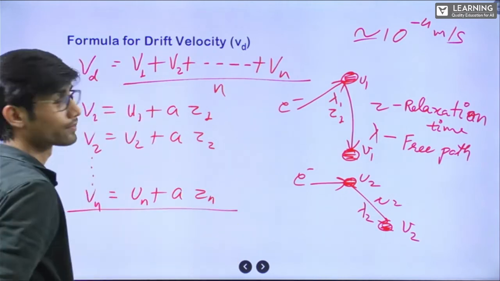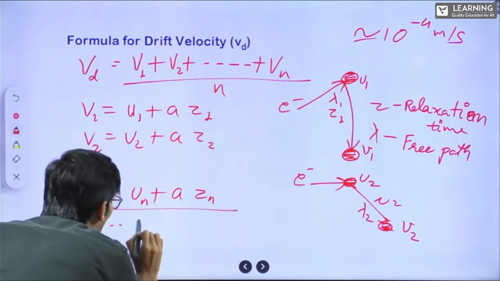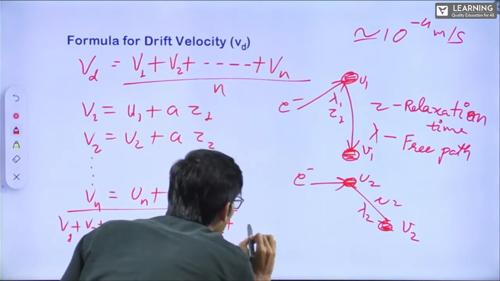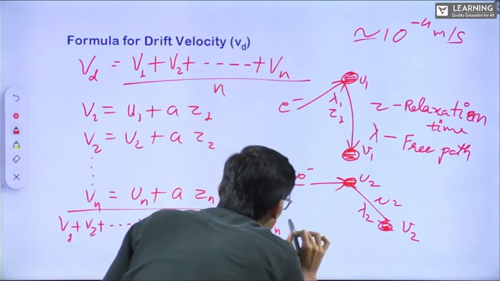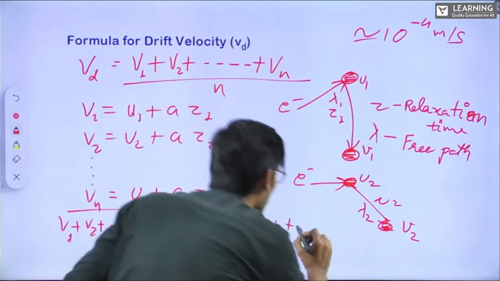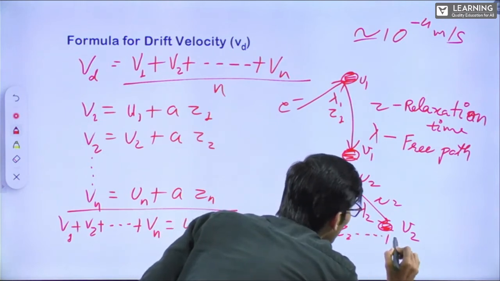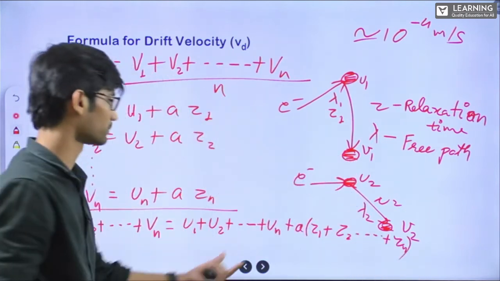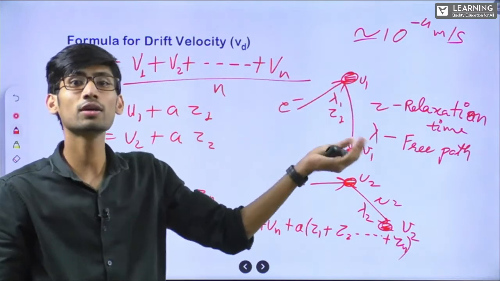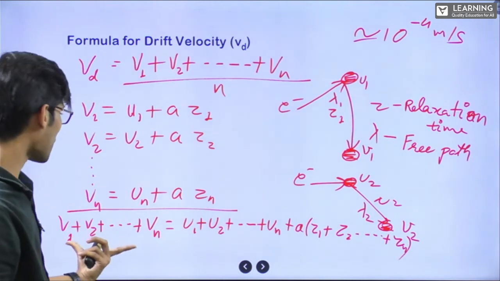If I add this, V1 plus V2 and so on till Vn, this will be U1 plus U2 plus so on till Un, plus A common, tau 1 plus tau 2 till tau n. Correct? Why is A common? We have already taken out, A is E by M, minus E vector by M, right? Just now. So this is the sum of all the velocities.